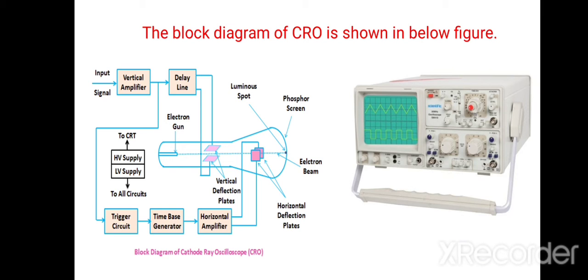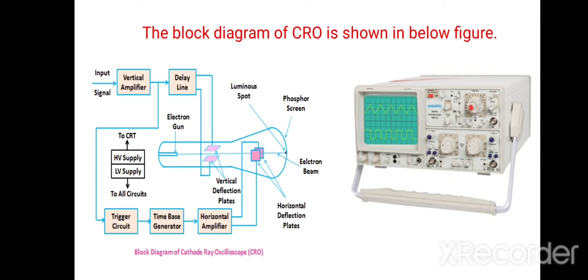The input signal to be displayed on the screen of the CRO is amplified, since the amplifier amplifies the weak signal so that it produces a measurable deflection on the screen. The vertical amplifier determines the sensitivity and bandwidth of the CRO. Its output is given to the delay line block. This is the working principle of the vertical amplifier.